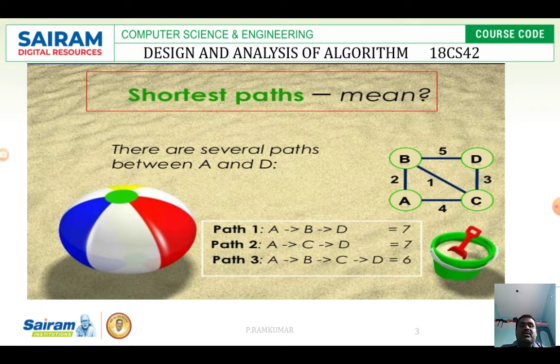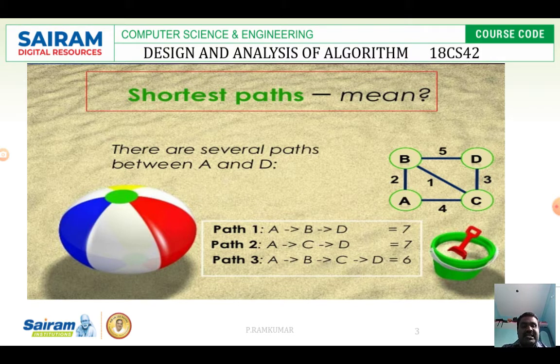So when I find the distance, ABD means from A to B weight is 2, B to D weight is 5. So totally 2 plus 5, 7. ACD means A to C, C to D is 7.